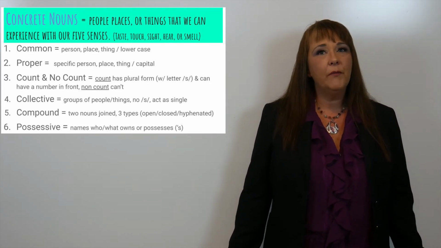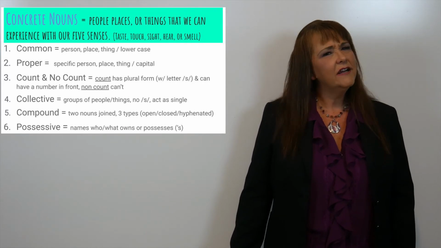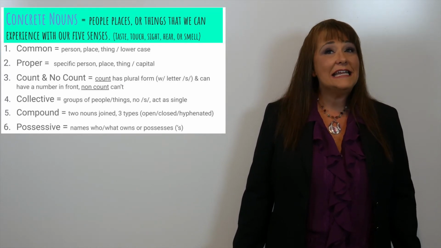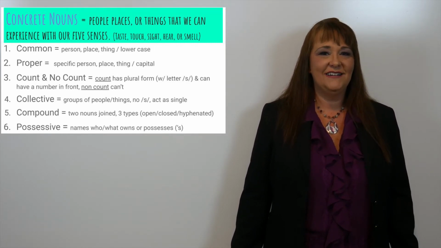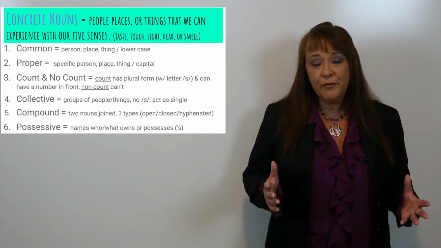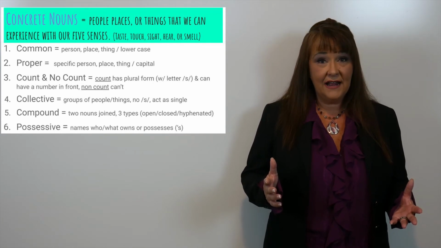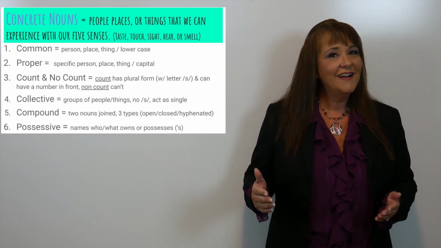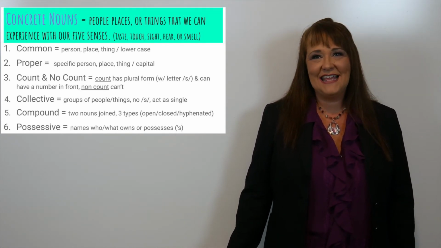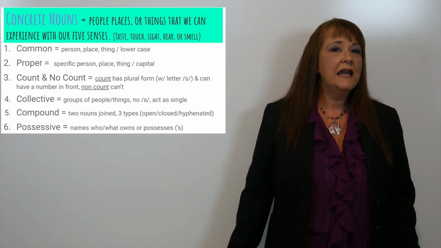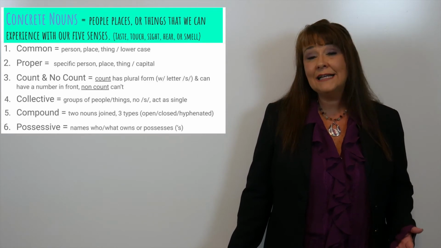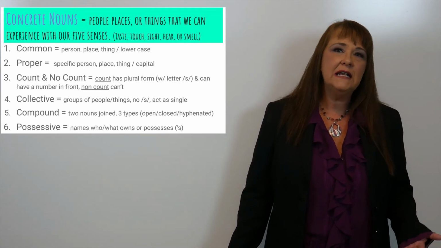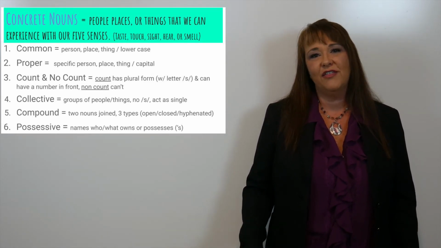For example, audience, family, government, team, people, children. These are groups of people or things that are more than one, but there is no S at the end of the word. Now, it's important to know that in English, most collective nouns are treated as singular with a singular verb.